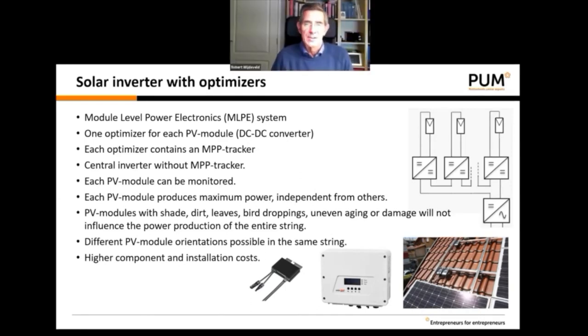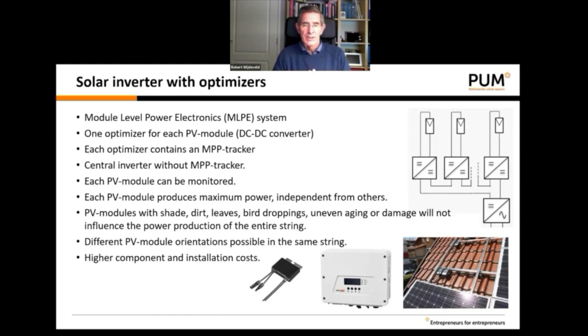Solar inverter with optimizers. It's also called the module level power electronics system. Very mouthful, but okay. It means that every panel has its own optimizer or its own MPP tracker. So we just said if one panel is in the shade from the string and the others are not, then with a string inverter you have a problem. The solar module which is exposed to the shade will define the output current from the whole string.